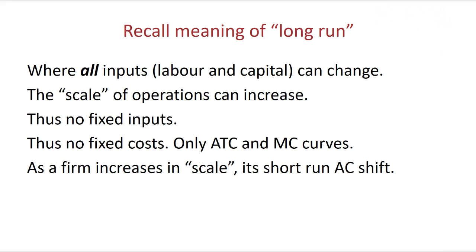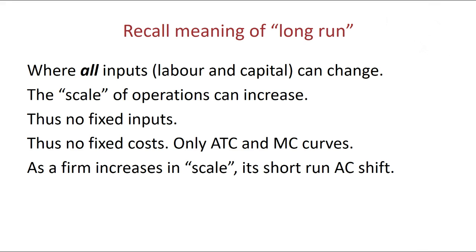Alright, so in this case we're talking about where a firm is planning to increase its scale. It's planning to build new factories and employ labour in those factories, thereby increasing its output.